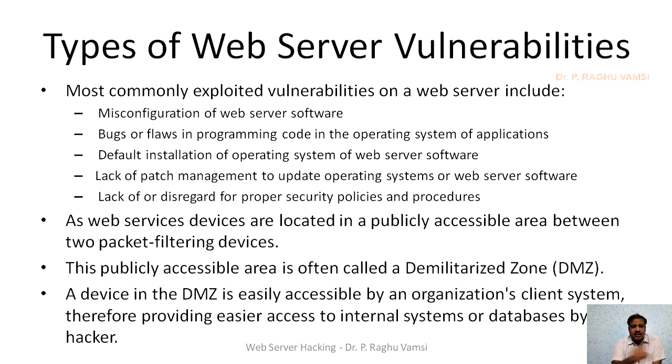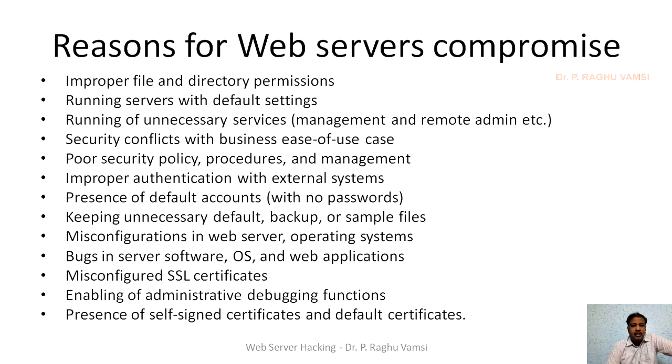A lapse in any one of these will also lead to web server vulnerability. Especially, the attacker will look for these web server vulnerabilities and try to exploit them. The reasons for web server compromise: you have seen so far many components that are interlinked in the web server functionality.